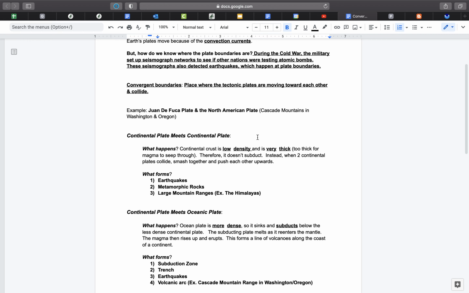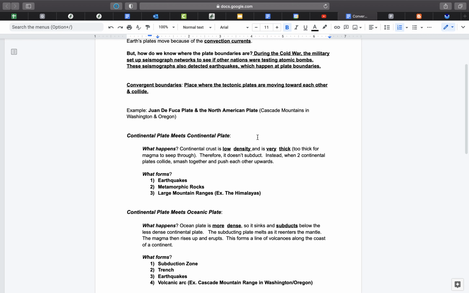These are plates that have, for the most part, land masses on top of them. Some plates only have land masses on top of them. Some plates only have oceans on top of them. Some plates are a little bit of both, so it depends on what part or side of the plate is the one doing the interacting.